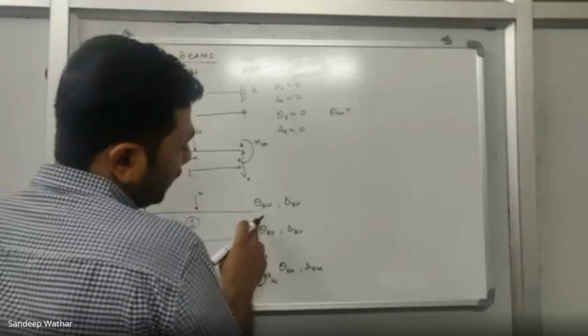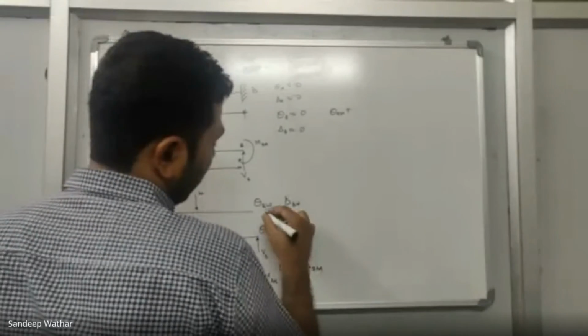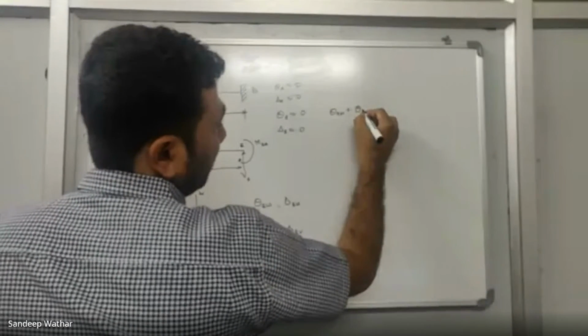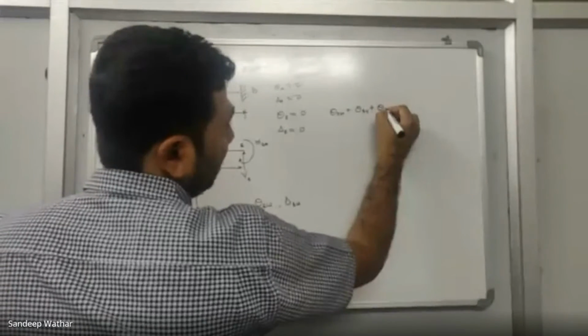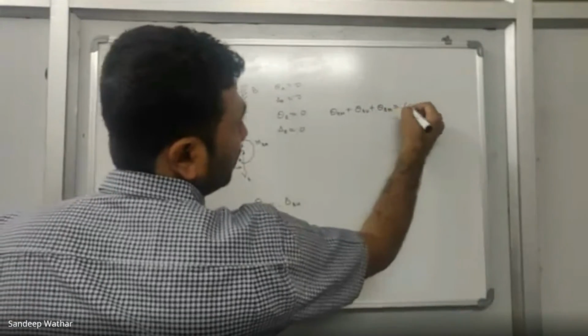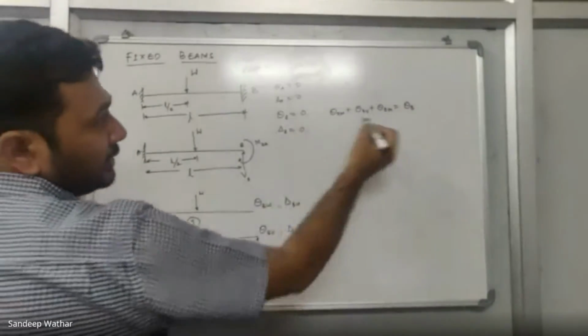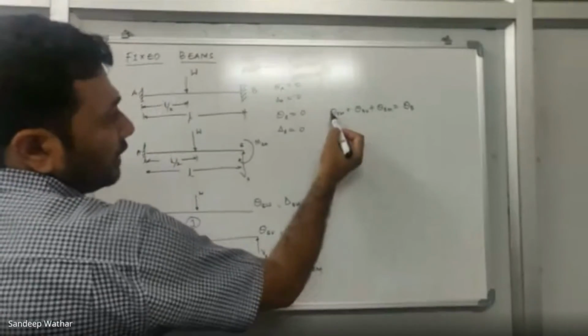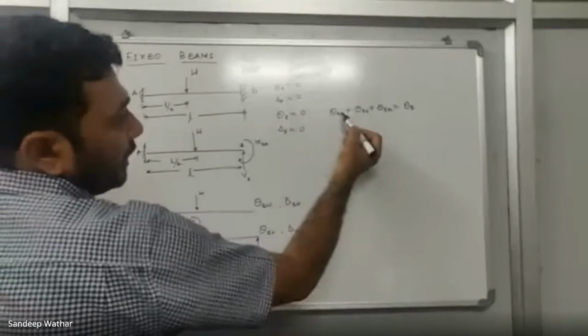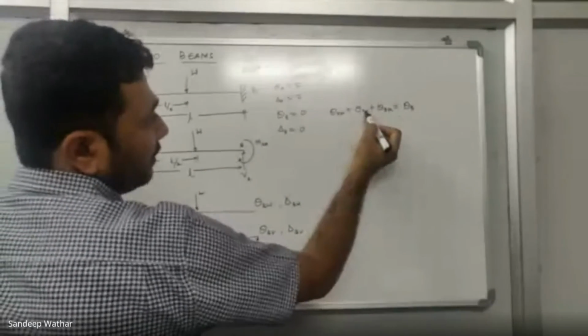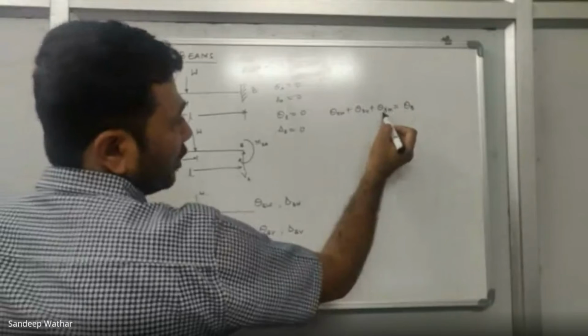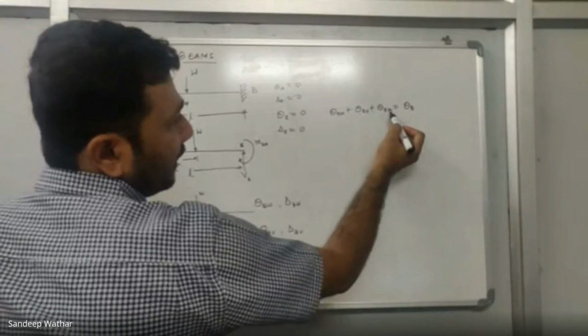So the summation of all these slopes, theta BW plus theta BV plus theta BM, is equal to theta B. So what is this equation representing? The slope generated at B with respect to the external force, the slope generated at B with respect to the vertical force, and the slope generated at B with respect to the moment.